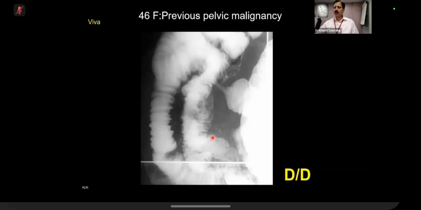Okay, so let me tell you, remember this concept. Radiation change is basically vasculopathy. Small vessels are affected by radiation, and it is an ongoing process.